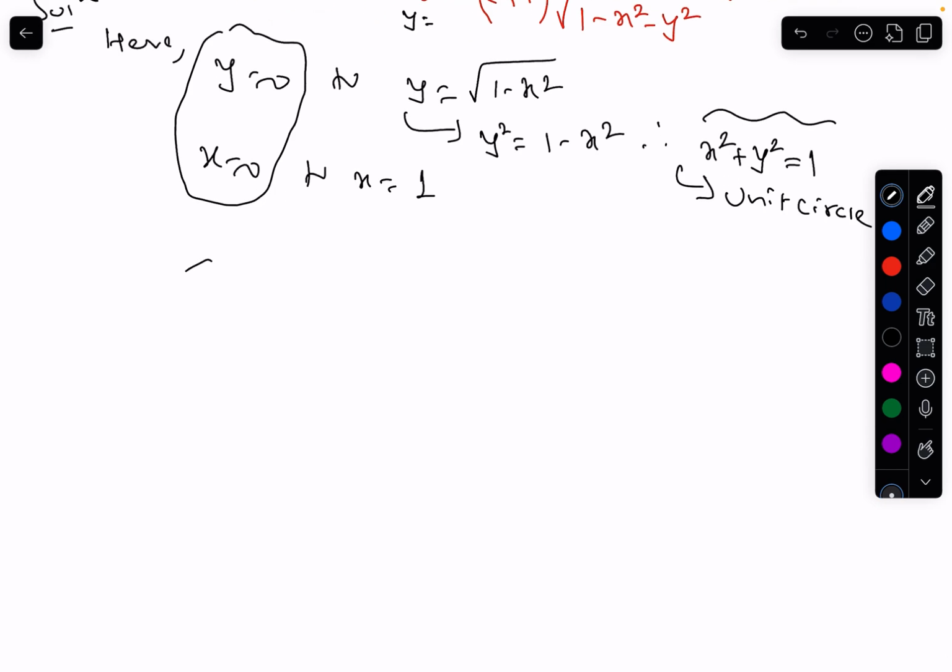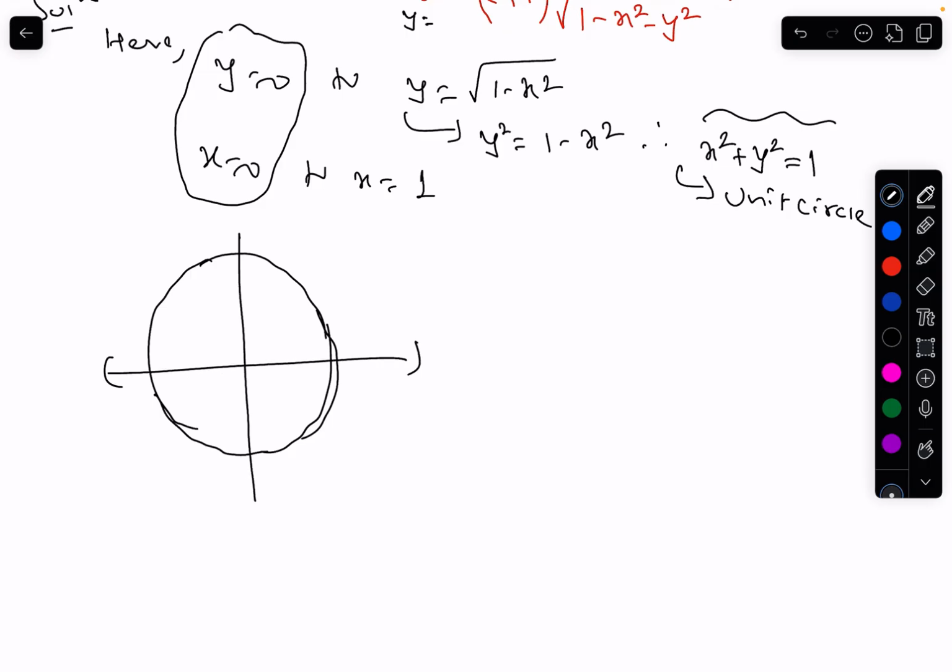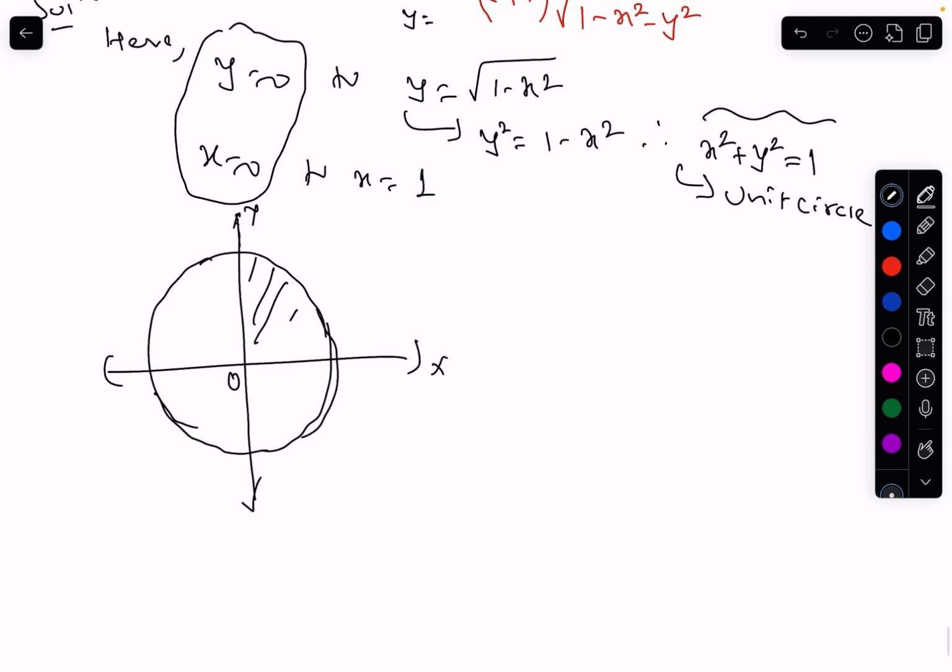So the region of integration is the first quadrant. So this is the circle x square plus y square equal to 1.